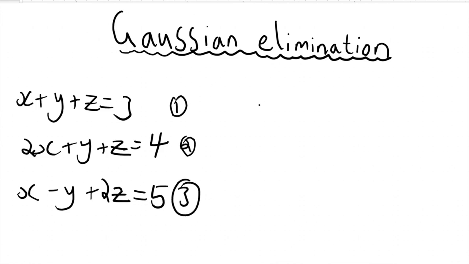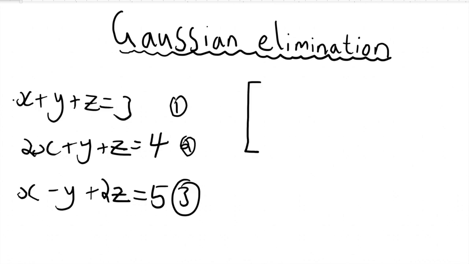So first, we're going to form a matrix. And this matrix will be similar to the one that you would make to carry out the method in the A-level further math syllabus, but it'll be slightly different, and you'll see how. So the first thing we do is we look at equation 1, and we get the coefficients of the variables.